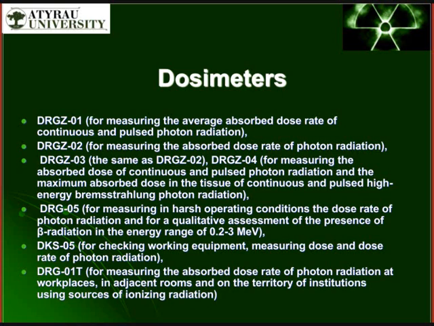DRG-Z03 is the same as DRG-Z02. And DRG-Z04 for measuring the observed dose of continuous and pulsed photon radiation and the maximum observed dose in tissue of continuous and pulsed high energy Bremsstrahlung photon radiation, and etc. Includes also DRG-01T for measuring the absolute dose rate of photon radiation at workplaces, in adjustment rooms and on the territory of institutions using sources of ionizing radiation.